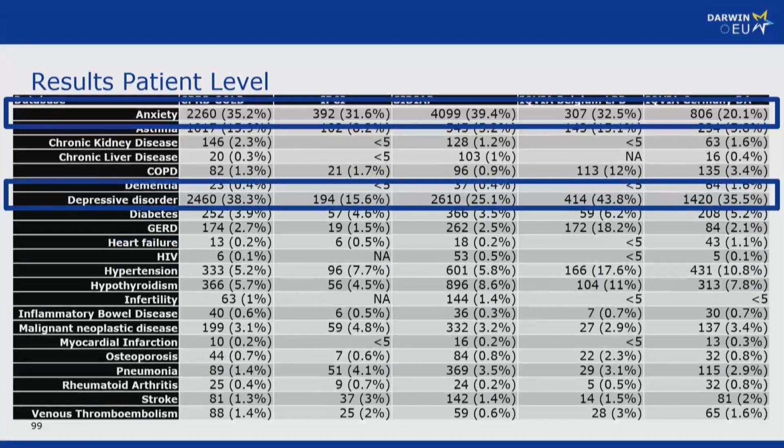And here what we see is that, mostly because of the indication, we have high levels of patients that also have anxiety or depressive disorder concomitant with it. But if you go to the Shiny app, you can search for your favorite comorbidity and see how these patients are.